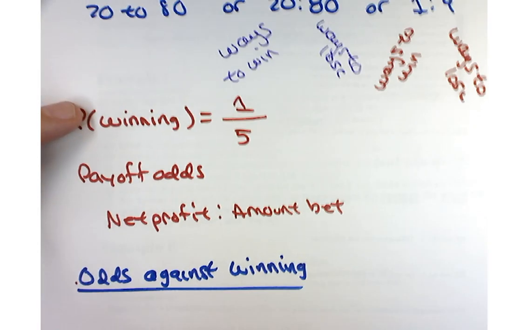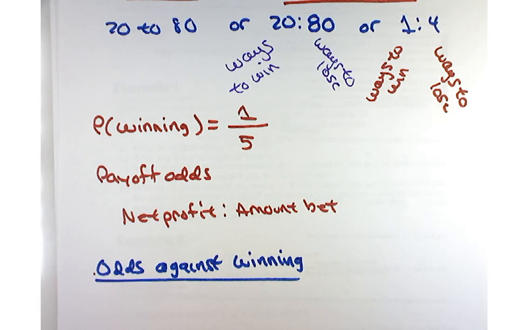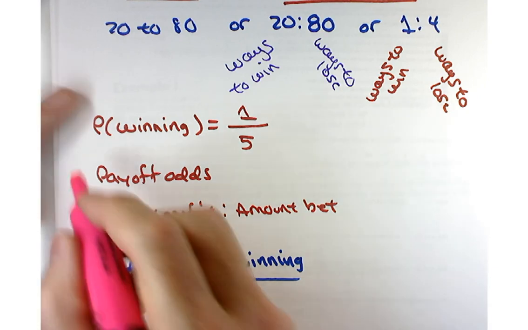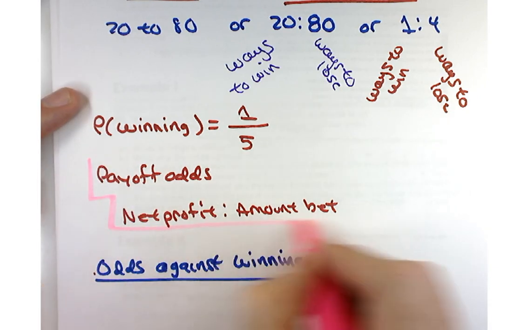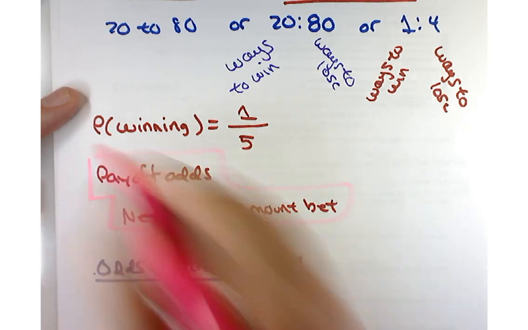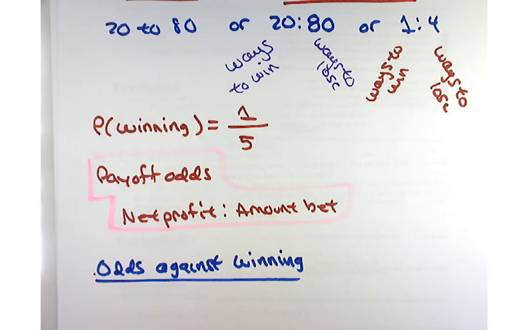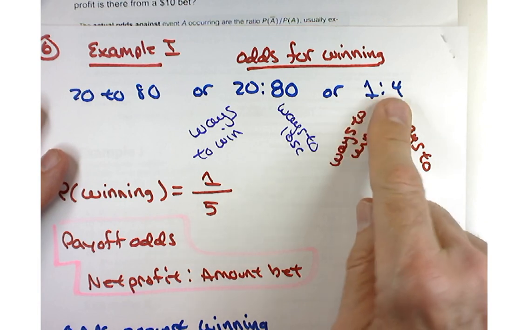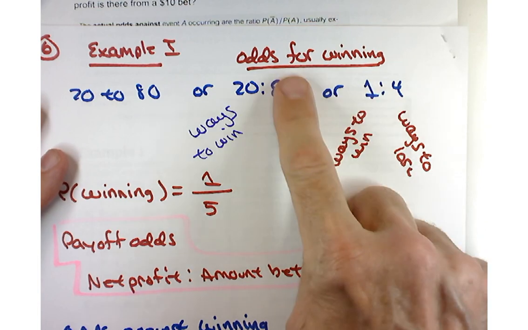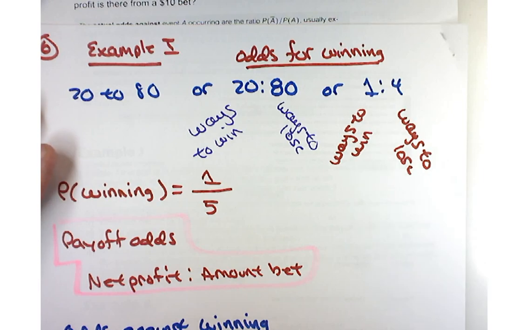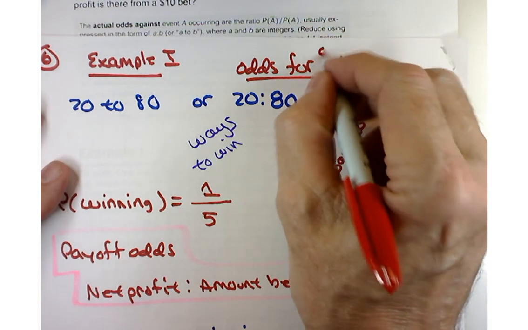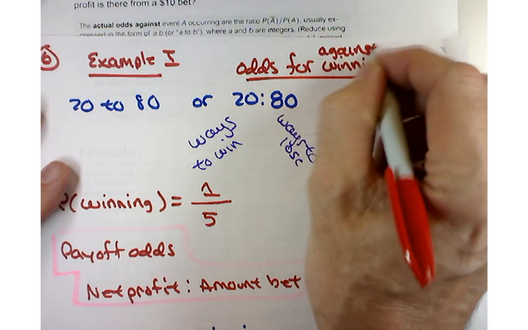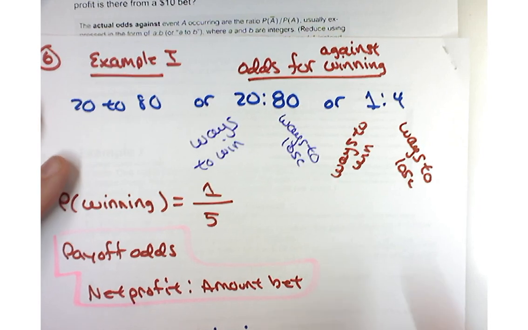Well, we just got to kind of turn things around. So let's just circle this for the moment. Here's your payoff odds. If these are the odds for winning, 1 time you win, 4 times you lose. These are odds against. I should have put against here, didn't I? Against. Maybe that's why you guys are quiet. Like, wait a minute. These are the odds against winning.